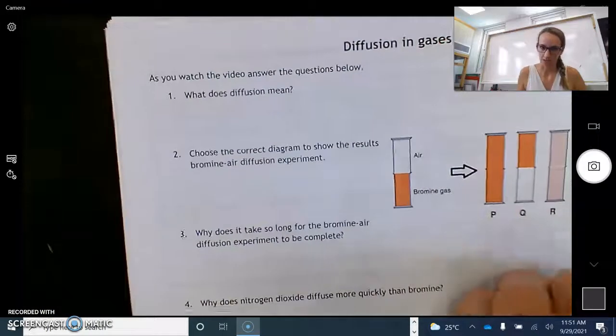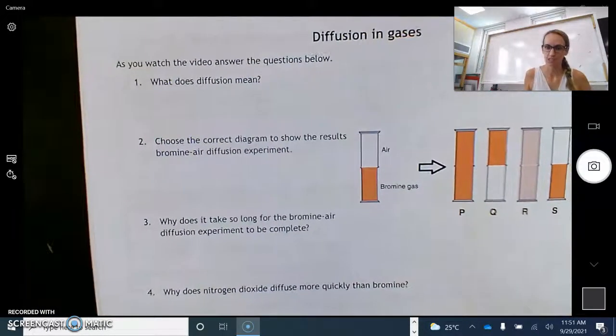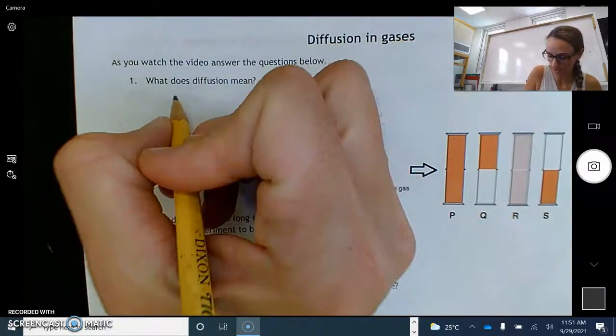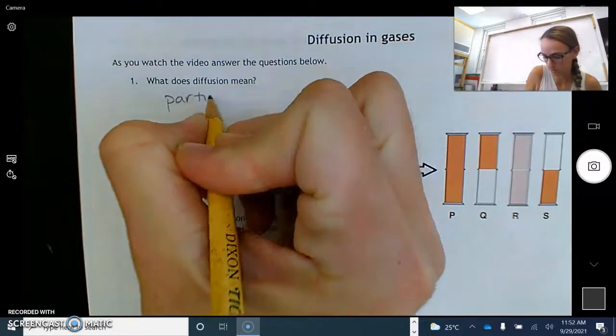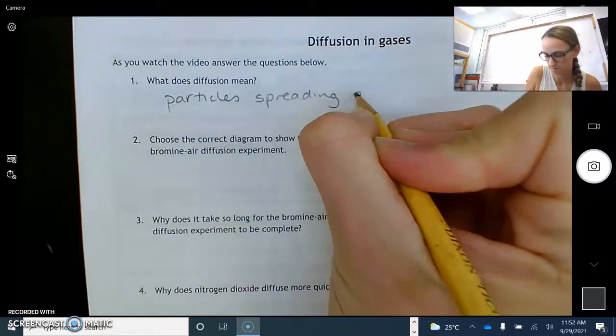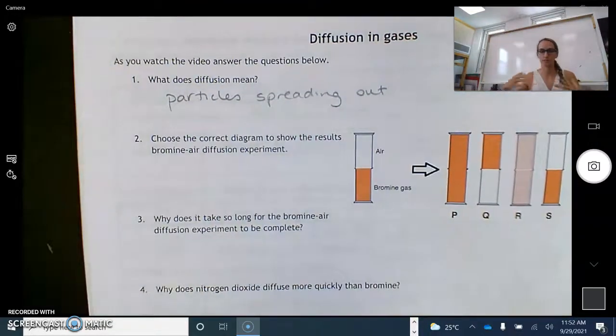What does diffusion mean? Right, in chemistry, GCSE, you are not asked to give a long-winded definition for diffusion. All you have to know is that it's particles spreading out. They will fill their container.